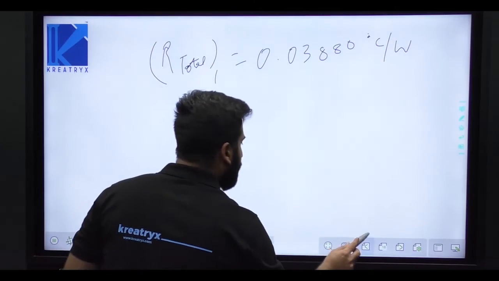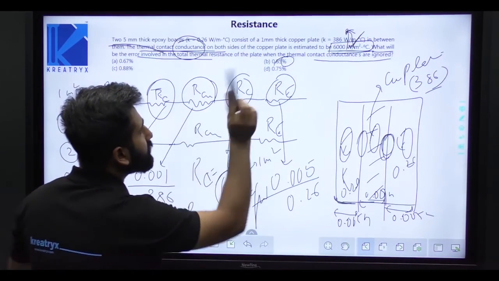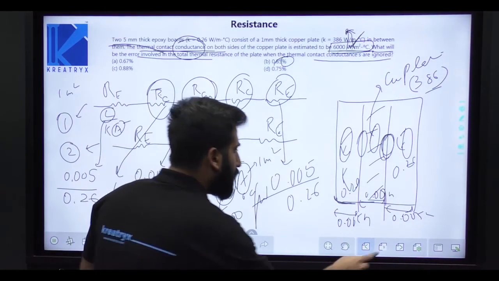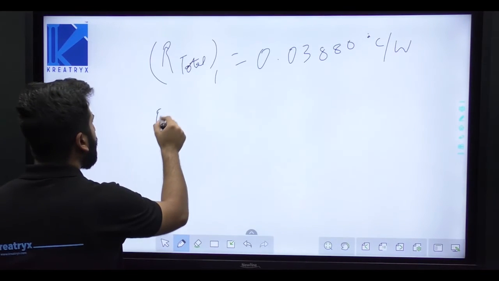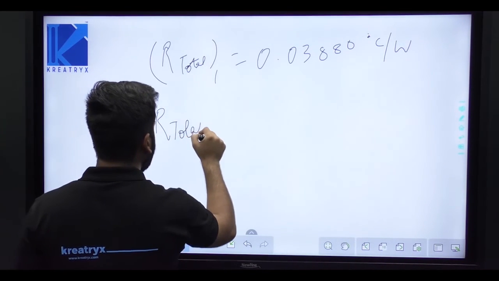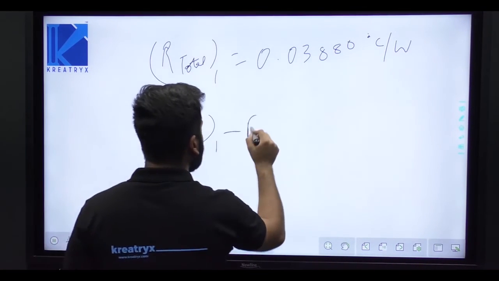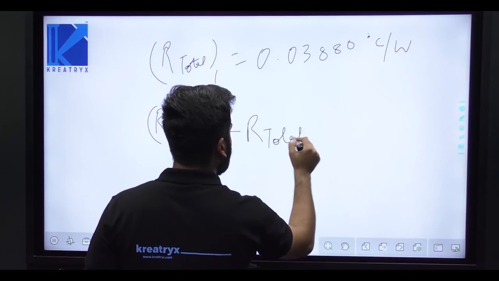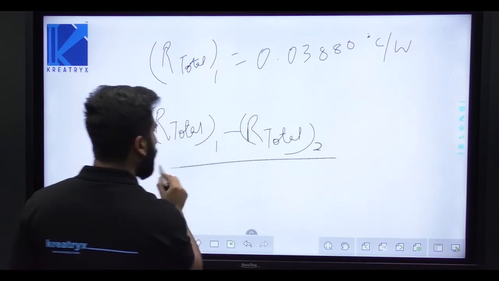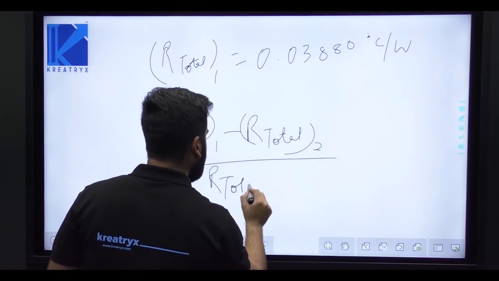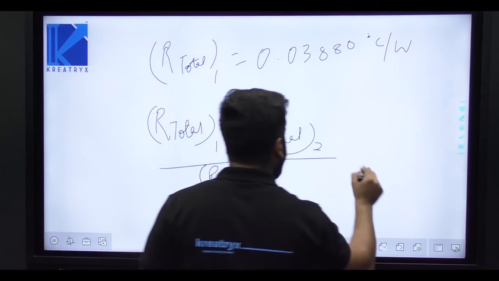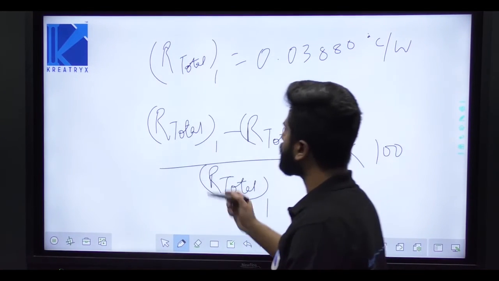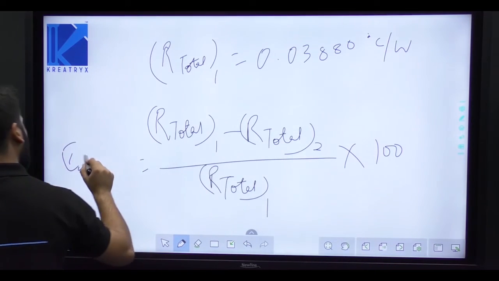I have to find the error if the thermal contact conductances are ignored. So can I say that R total 1 minus R total 2, by the total resistance in case 1, into 100, is my answer directly? Error percentage.